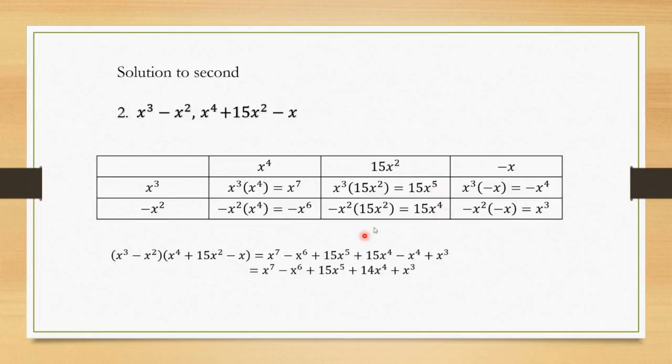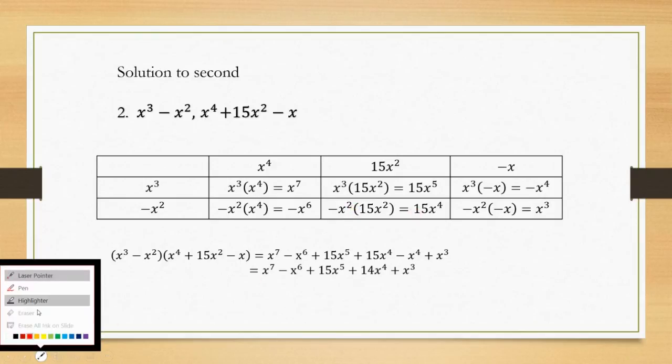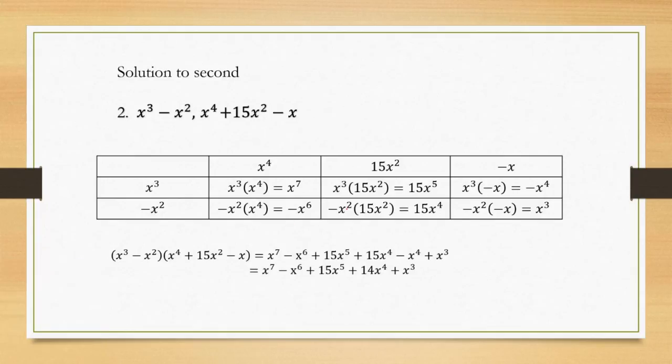But anyway, it looks like there are like terms here: 15x to the 4 and negative x to the 4. When we combine, we get 14x to the 4. Shouldn't it be negative 15x to the 4th? What did I do? Because it's positive times the negative. Oh, it should be negative 15x to the 4. Let me add that. Let me just draw that in, actually. So I did make a mistake. That's all right, I hope.